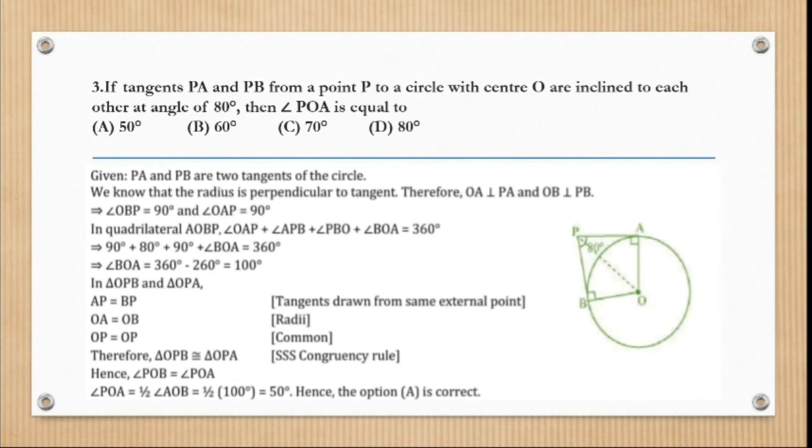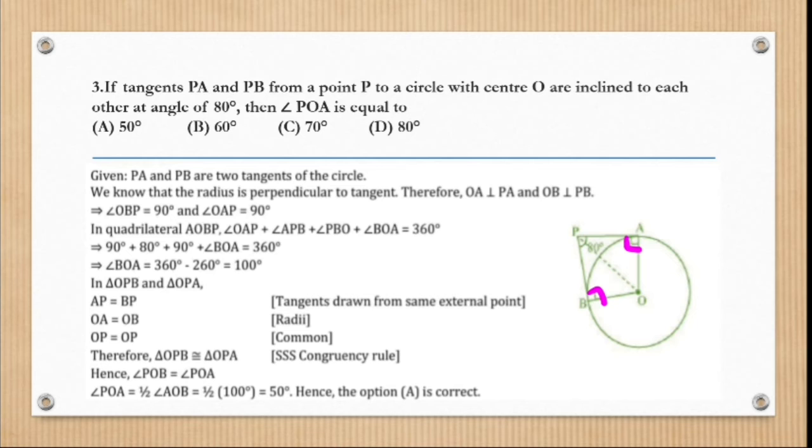Now as you can see, PA and PB are the tangents from an external point of the circle. So by the theorem of length of tangent, you can say that the PA length will be equal to PB length, because the lengths of tangents drawn from the external point to the circle are equal. Now again, at the point of contact, this angle will be 90 degree and this angle will be 90 degree.